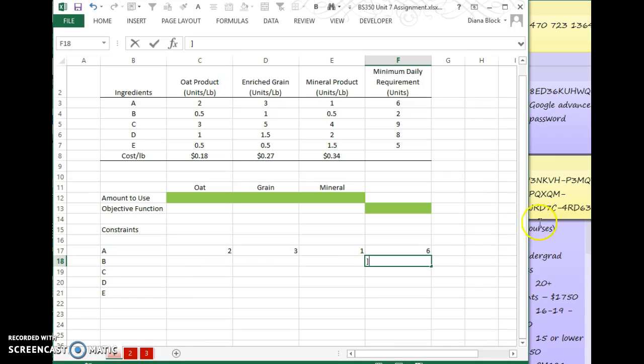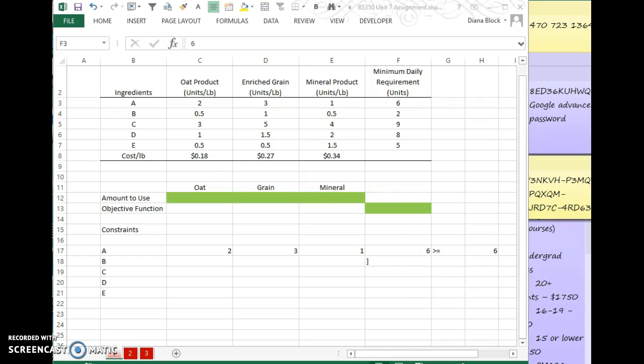And you'll put that there, and this number has to be greater than or equal to 6, because that's what we're told here, right? And then you'll complete this information for each mineral that we have here.